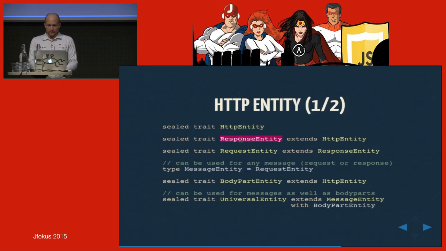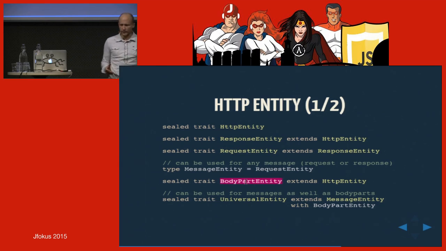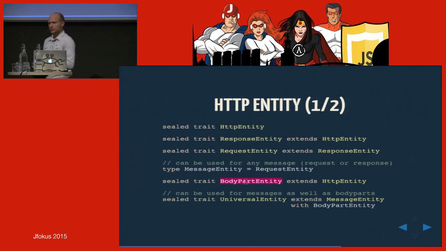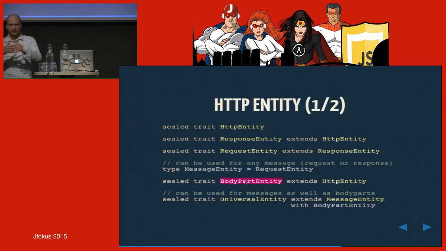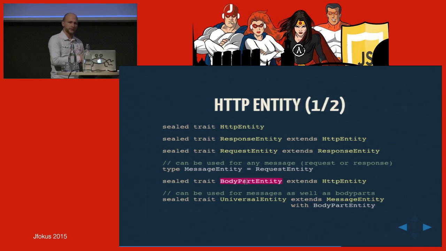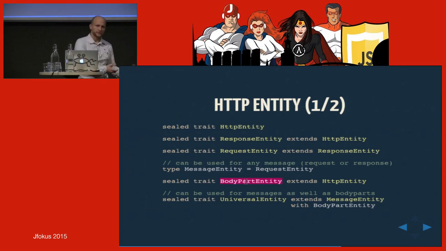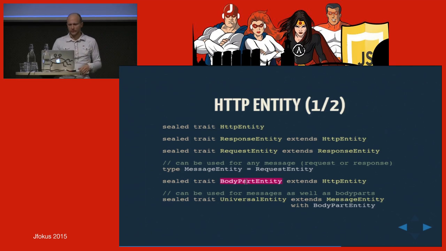There are response entities, there are request entities, and then there are body part entities, because a common problem in HTTP is that you want to deal with multi-part messages, which contain several things. Like if you have a form upload, for example, then the form bits will actually end up in different parts of the same thing, and each part is its own entity again, so it's kind of nesting. And we model that by giving you a body part entity. And then there is a universal entity that you can just use for anything.